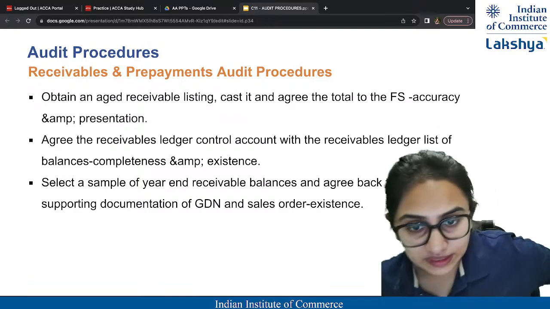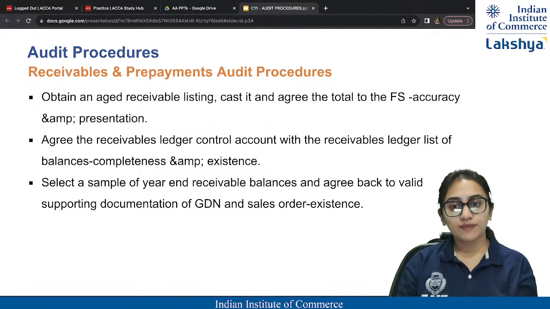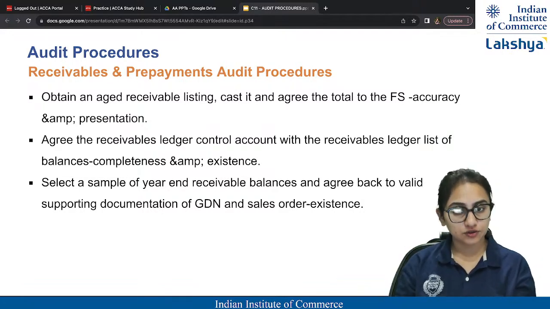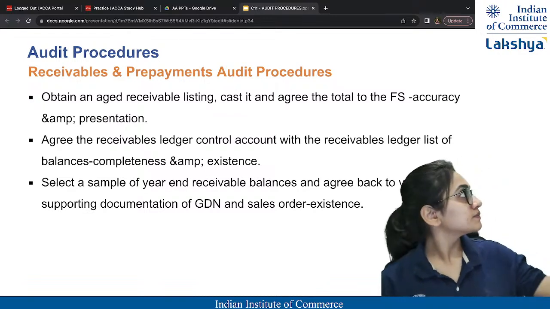Agree the receivable ledger control account with the receivable ledger list of balances for completeness and accuracy, and select a sample of year-end receivable balances and agree back to valid supporting documentation of the GDN and sales order for existence. So this is something that you will do in terms of receivables and prepayments.